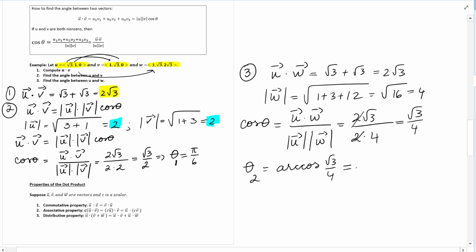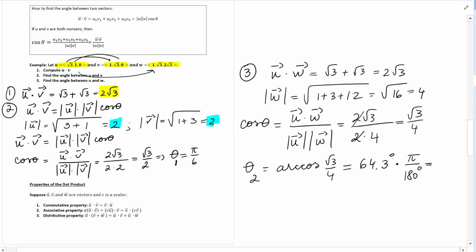So that is 64.3 degrees, if we write it as degrees. Or we can change it to radians by multiplying by pi over 180 degrees.